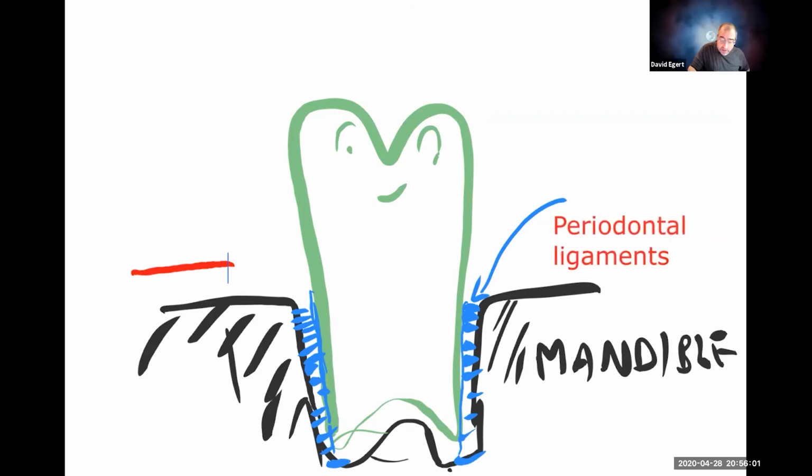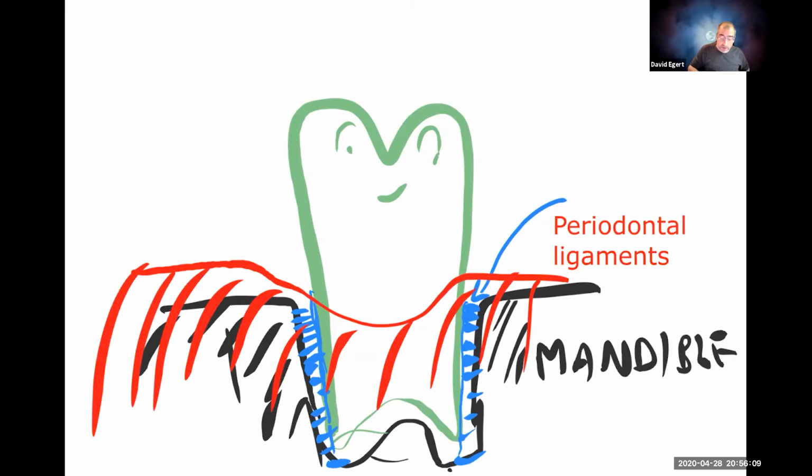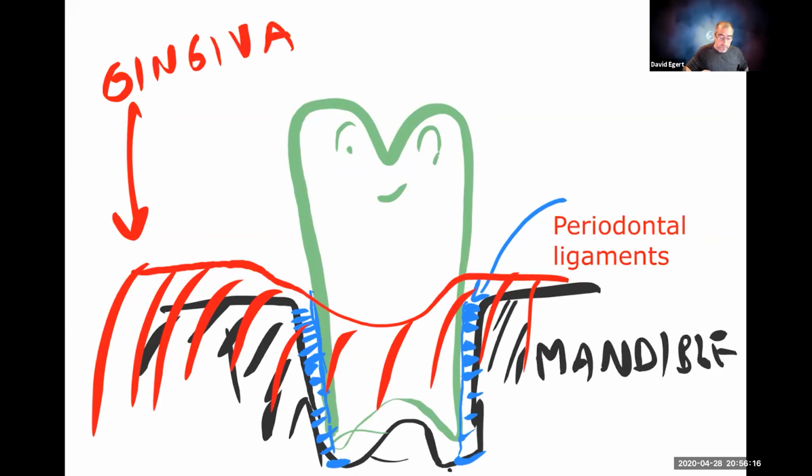And then you seal it with soft tissue. This is the gingiva, which in common tongue is just your gums. And that seals this little gomphosis up here.